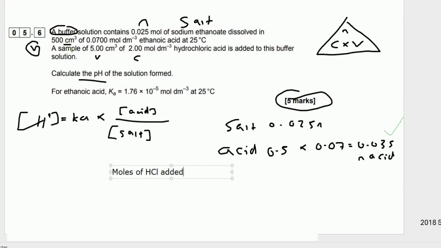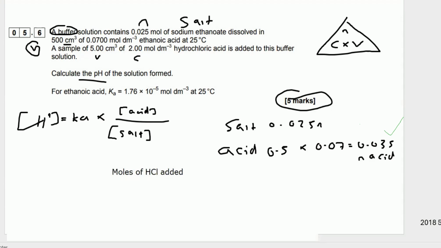This time we're not adding an alkali or a base, we're adding an acid. So the moles of acid are going to increase and the moles of salt are going to decrease. It'd be important to work out the ratio because it might not be a 1-to-1 ratio. But first of all, let's work out the moles of HCl added.